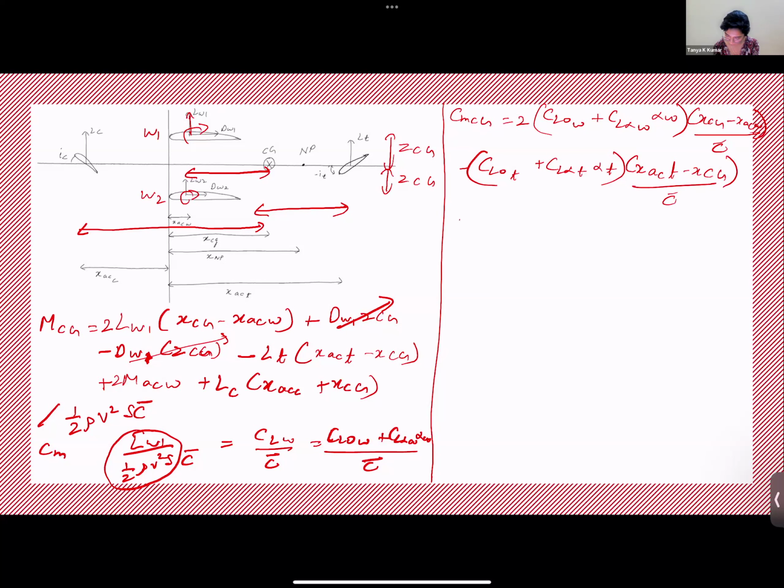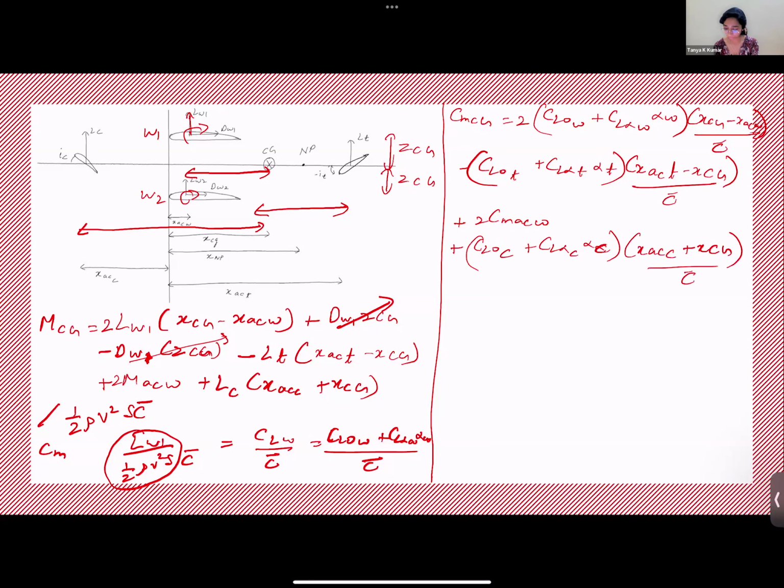Now, this is straightforward. So you have, what is this value here? 2 CM AC wing. Then you have plus CL naught of the canard plus CL alpha of the canard into alpha of the canard into XACC plus XCG by C bar.